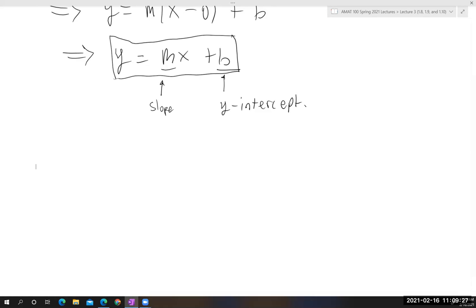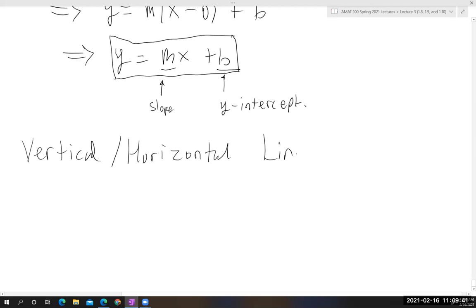So I just want to point out a couple more things. We spoke about vertical and horizontal lines before. So what are the equations of these? How do we find these equations?